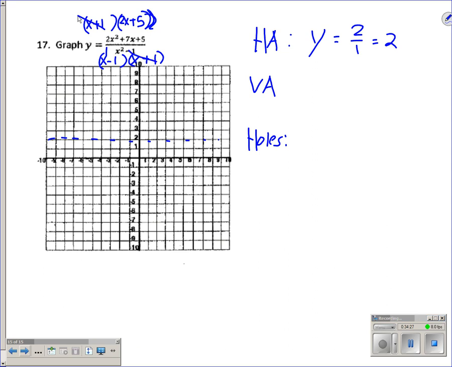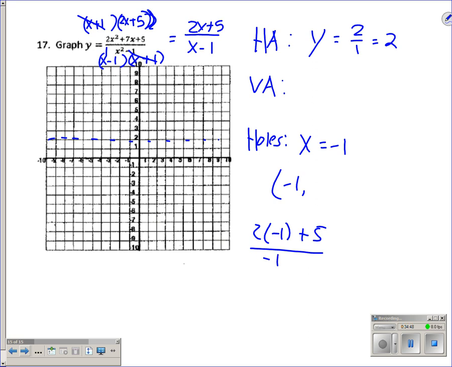Okay? So that means that we do have a hole, and the hole is at what crossed out, which is x equals negative 1. So to figure out where that hole is located, you're going to plug negative 1 into the simplified version, which is 2x plus 5 over x minus 1. So that's going to be 2 times negative 1 plus 5 over negative 1 minus 1.